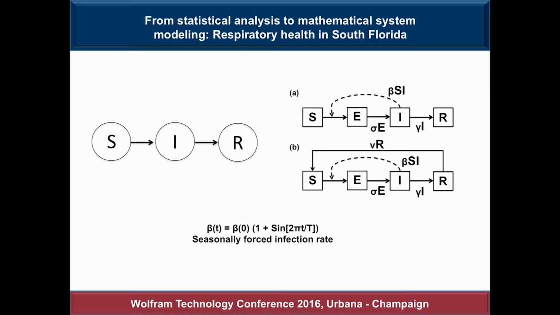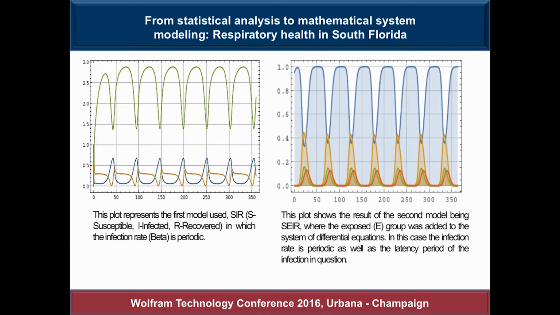And then you're going to see that you get a peak in the epidemic, and then immediately that peak dies out. However, if that constant is modified using a seasonally forced infection rate, and you solve that SIR model with the system of differential equations, then you're going to see a completely different pattern. You will see that you have periodic oscillations in the number of infected and recovered individuals.